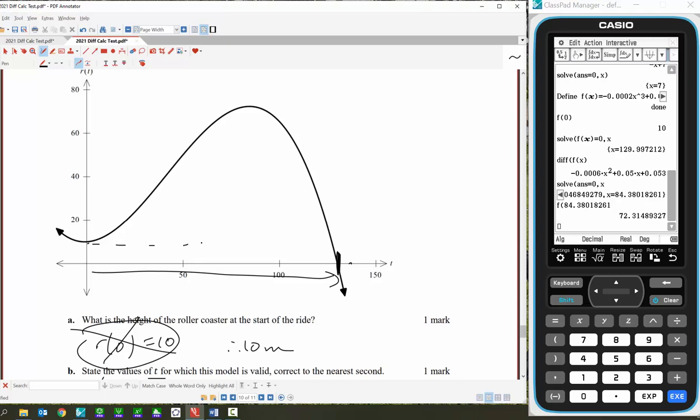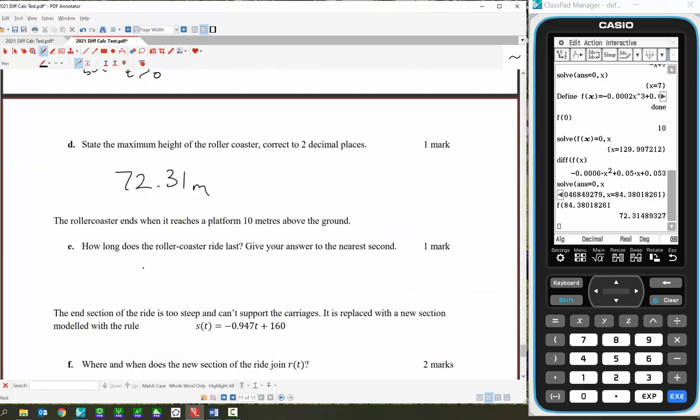Bang. So all we need to do is let the function, which is r of t, equal 10. So solve f of, I'm getting confused with all the function names.